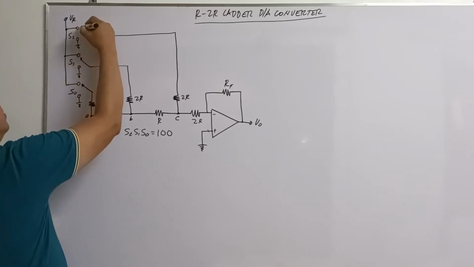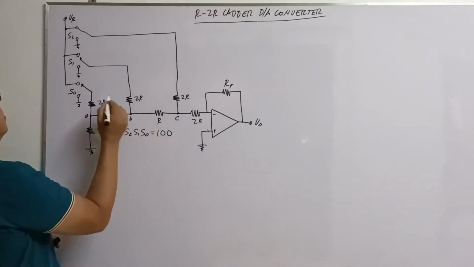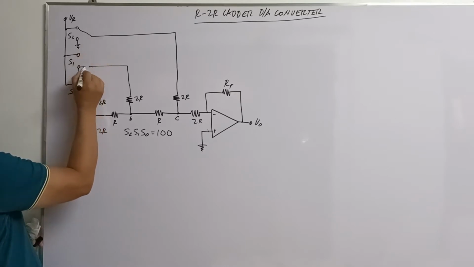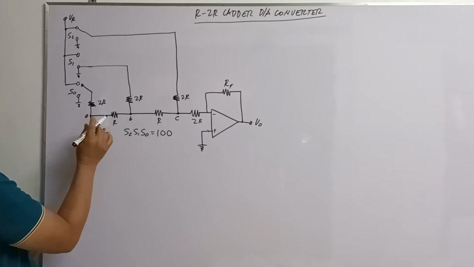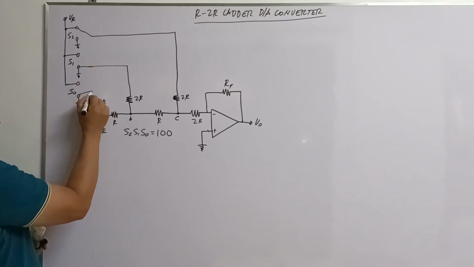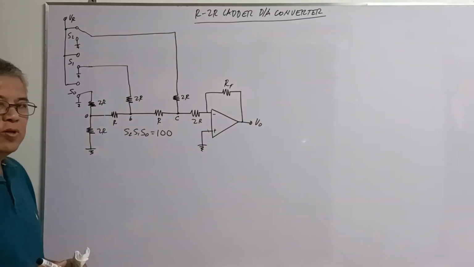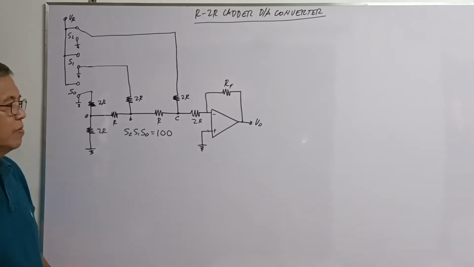If S1 is 0, that means this switch here is connected to the ground. And S0 is 0, that means this switch here is again connected to the ground. That will be the status of your circuit.